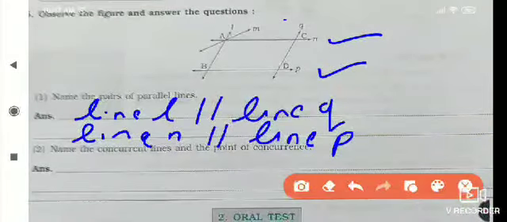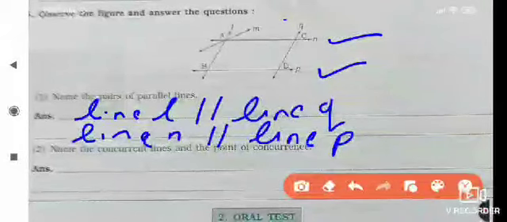Then the next question is, name the concurrent lines and the point of concurrence. What is the definition of concurrent lines and point of concurrence? Three or more lines passing through a single point are called concurrent lines, and the point of intersection is called the point of concurrence.